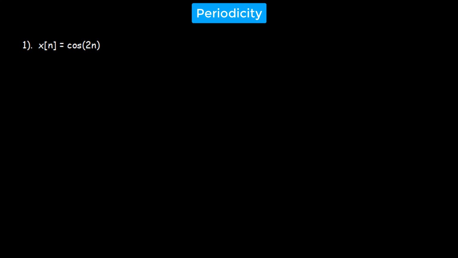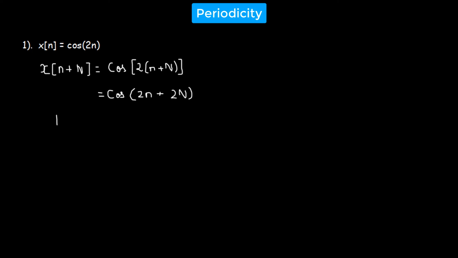So for this particular signal to be periodic, we first find the value of x of n plus N. That will be equal to cosine of 2 times, replacing small n by n plus N. So that gives us cosine of 2n plus 2N.